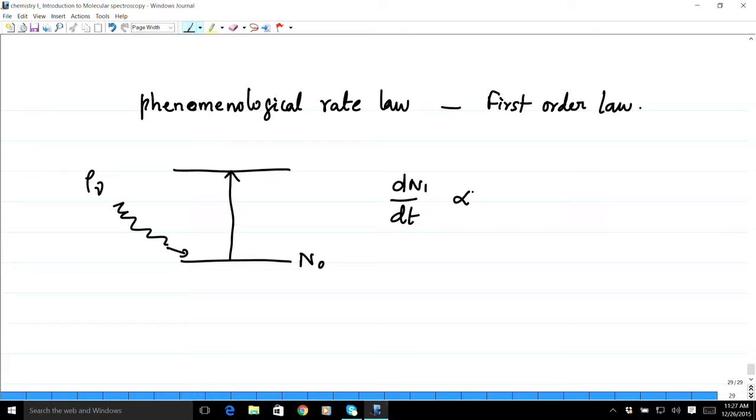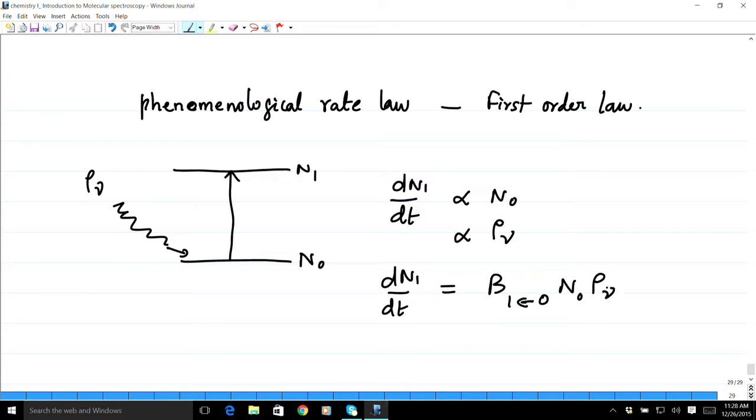Therefore, dN1 by dt is proportional to N0, proportional to the radiation density, and the proportionality constant is the rate coefficient, which we shall write B 0 to 1, process from 0 to 1. So dN1 by dt equals B 0 to 1 N0 rho nu. Now, this is the rate of formation, it is positive.